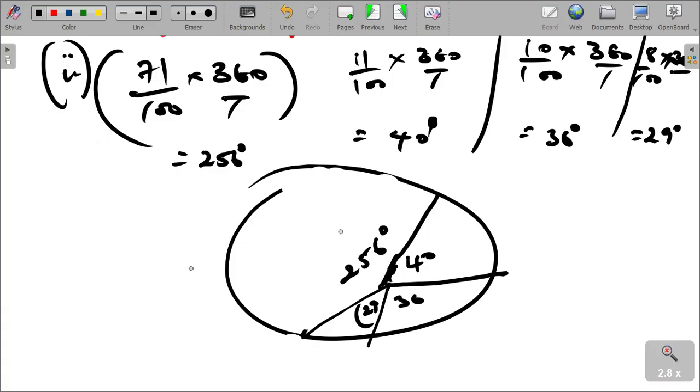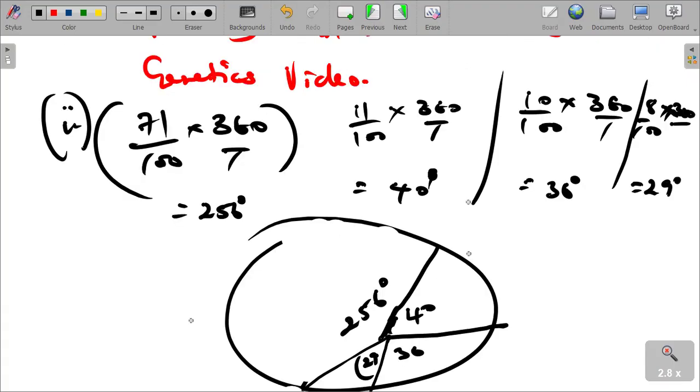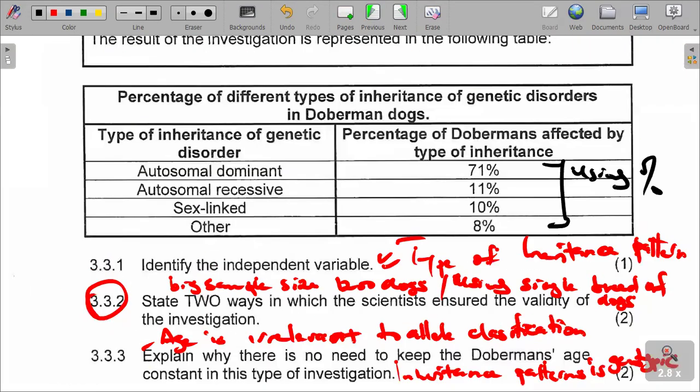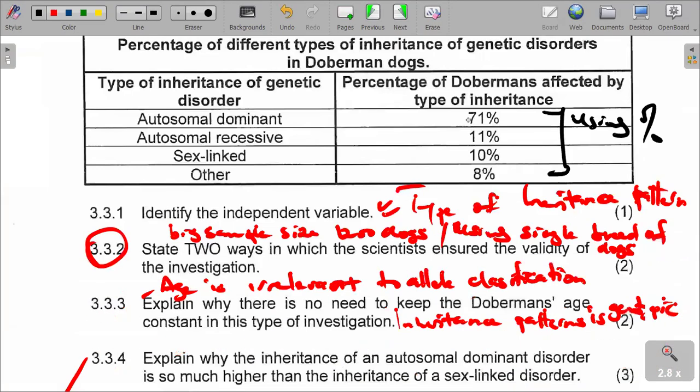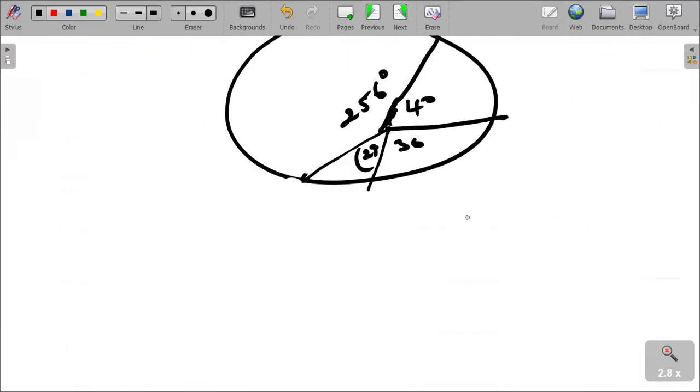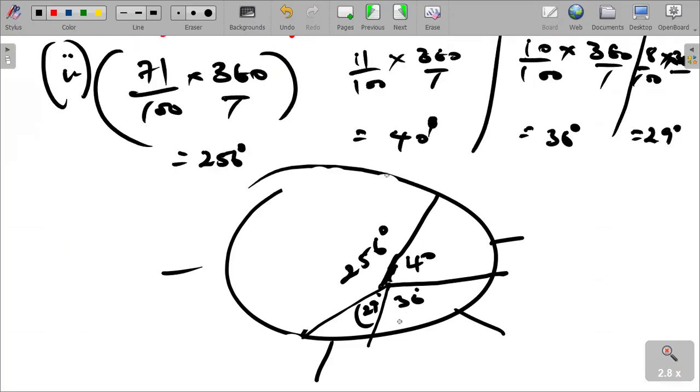And then you are giving your labels to say what is the meaning of each of those. Autosomal, autorecessive, sex-linked, you label each of them. You label them the way you label them. But the concept is for you to be able to know how to draw these things. That's what is important.